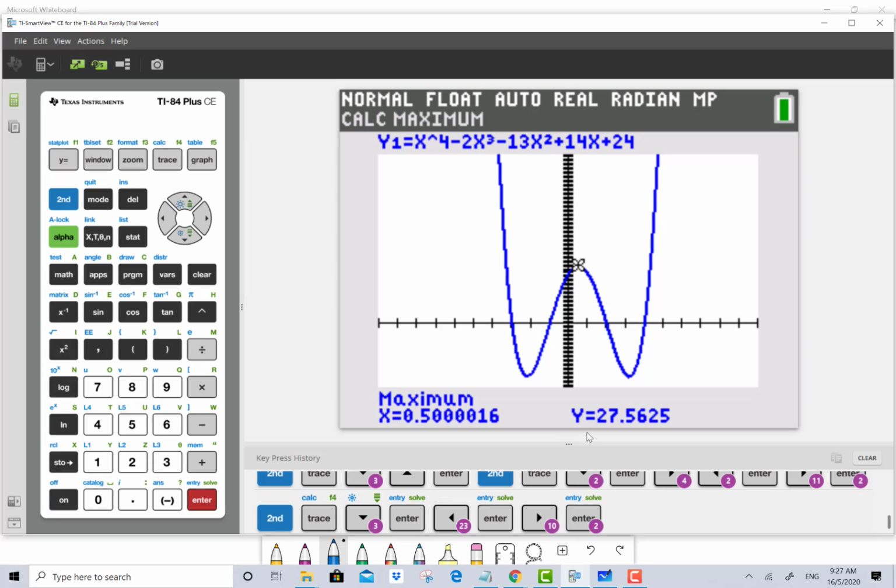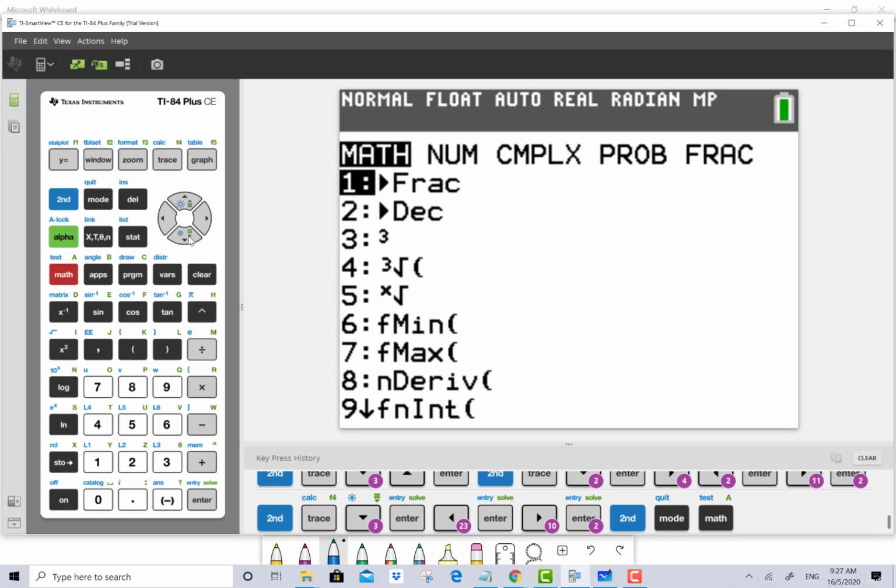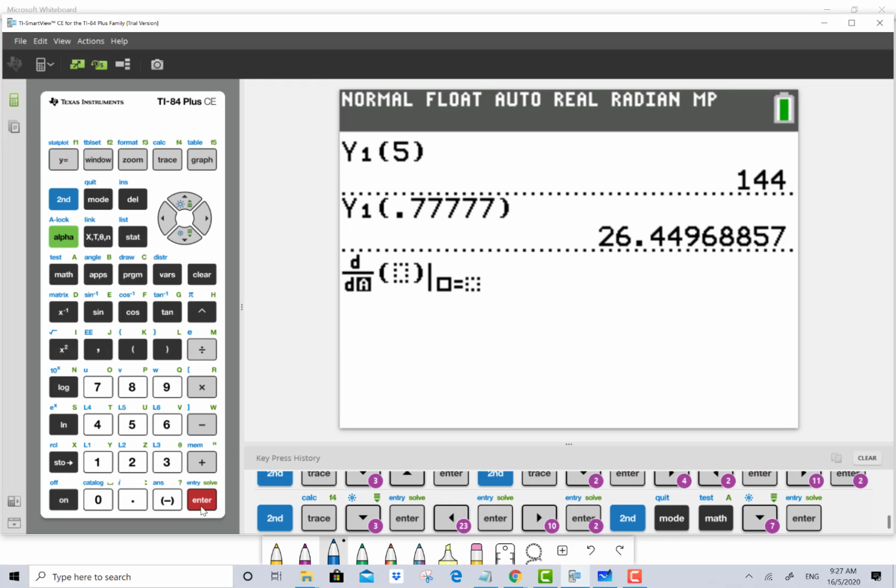Say for instance, I want to now find the derivative at a particular point for this function. What I could do, hit second mode quit. And when I hit second mode quit, I want to find the derivative. So to find the derivative, what I can do is hit math, go to nth derivative, and I want to find the derivative for that function at, say, x equal to 7.